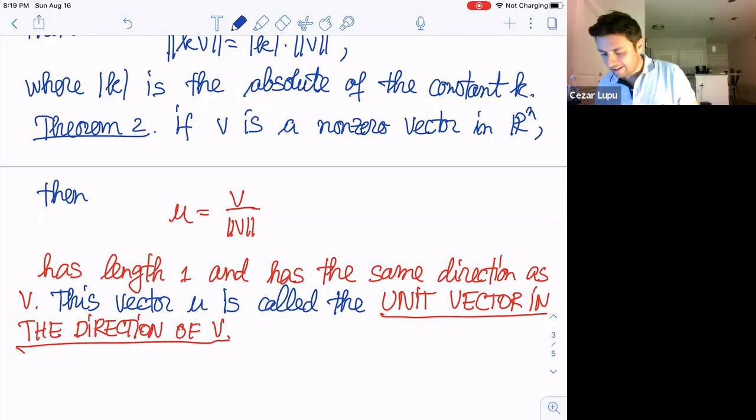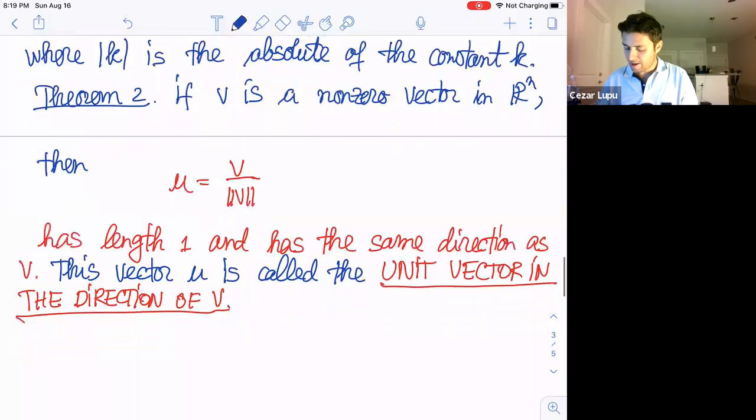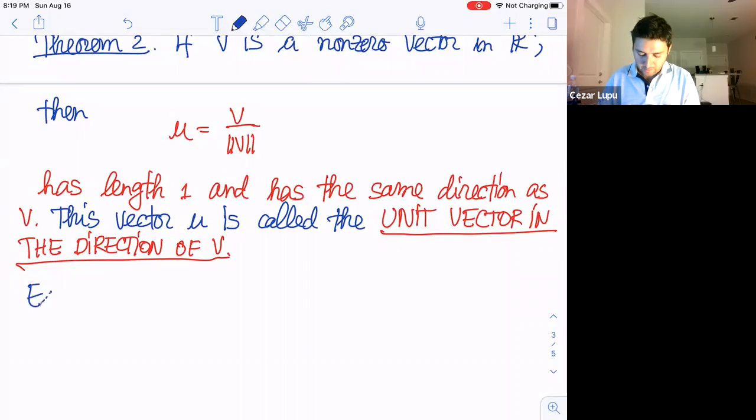And now let's give an example, example number 2, I think.